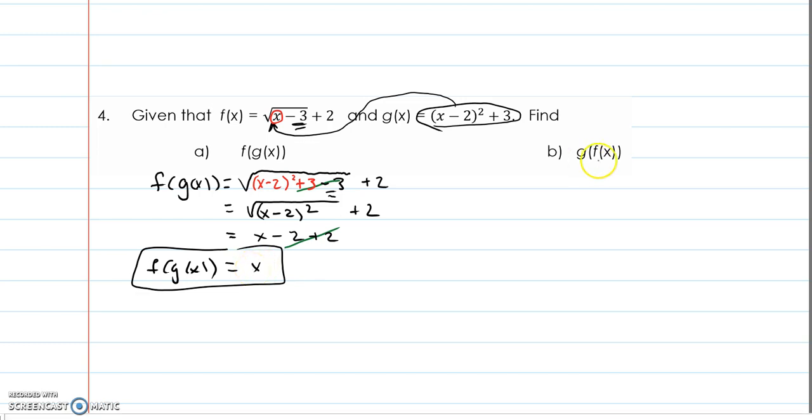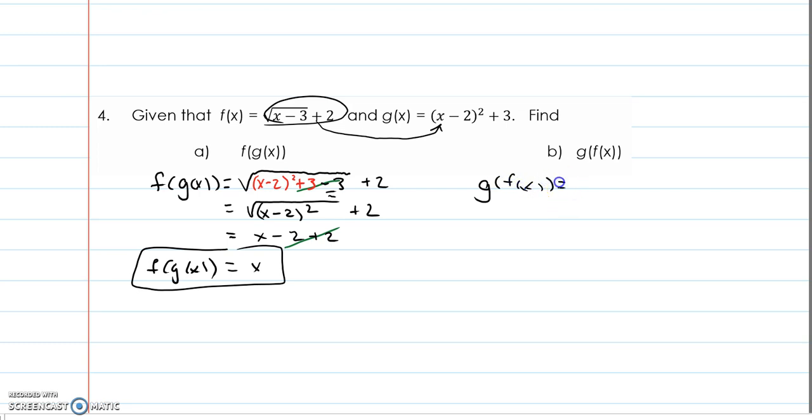So let's look at the other, g of f of x. So I will be starting with g, and then I'm going to put f in for g. So g of f of x is going to be equal to, let's start writing g. Well, g starts with a parenthesis, and then here's my x. So let's plug whatever this is in. So the square root of x minus 3 plus 2. So that's this piece.